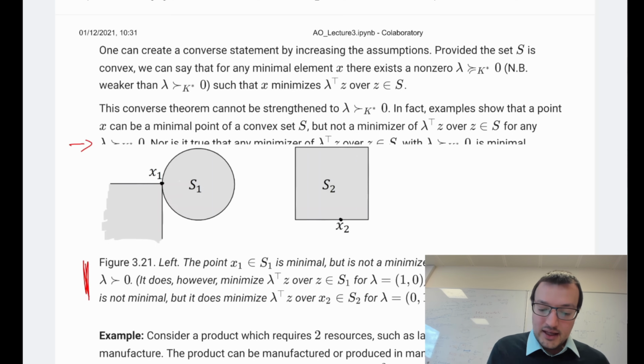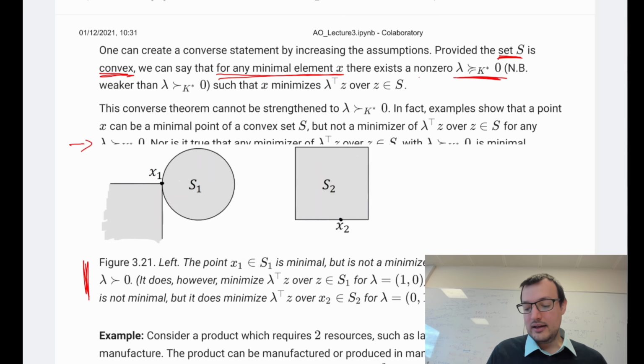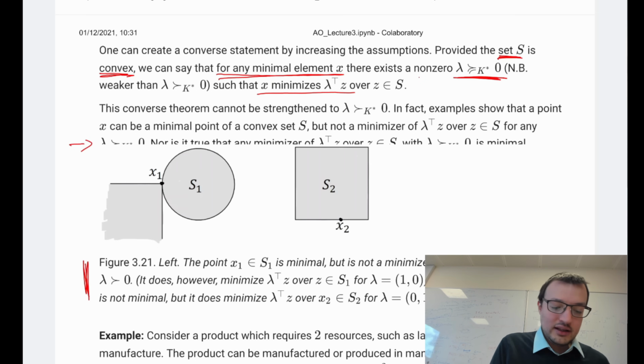For instance, if S is convex, and you remember that up to this point we didn't assume that S was convex, then for any minimal point x, there exists a non-zero lambda greater or equal than 0 in the dual inequality, such that x minimizes lambda transpose z. So what is the difference with respect to before? The difference is that we now assume that S is convex, and before we didn't.